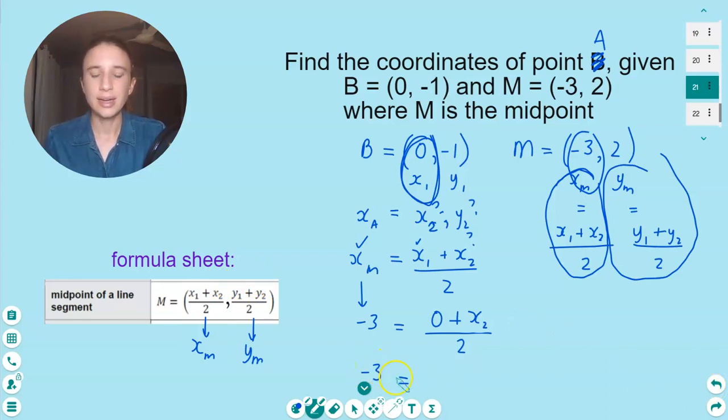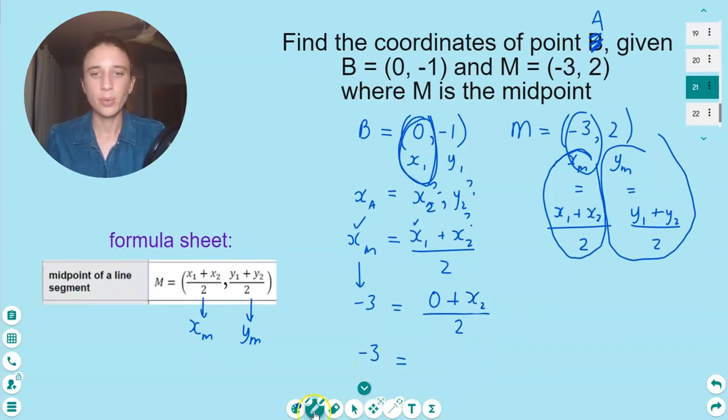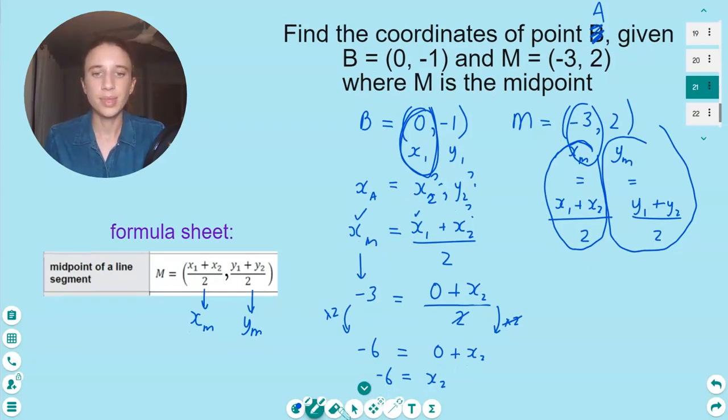And let's go. -3 equals (0 plus x2) over 2. If there's a fraction, you want to get rid of it, so times both sides by 2. -3 times 2 is -6. We've gotten rid of that denominator, which is great. And nicely done, we can see that x2 is -6. So put a box around it. We're halfway there.